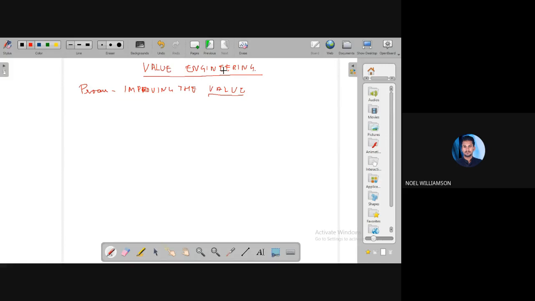We can analyze it, and see how we can improve that value in the later stages or throughout the stages of the product life cycle. These different types of values and processes are totally termed as value engineering. Now we will see what the main types of values are.